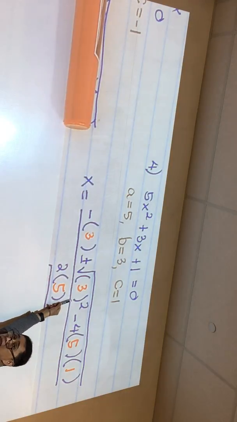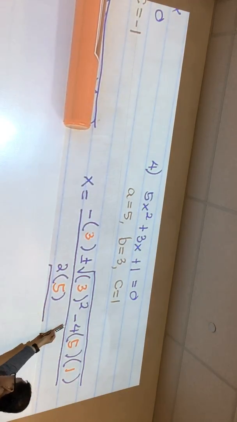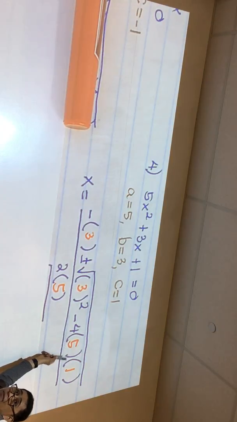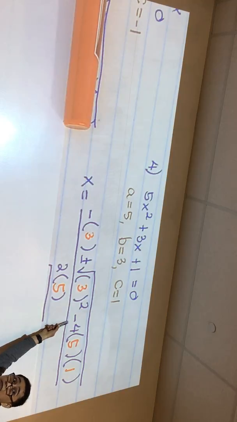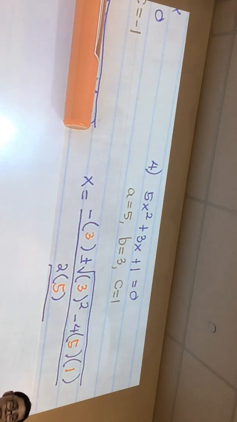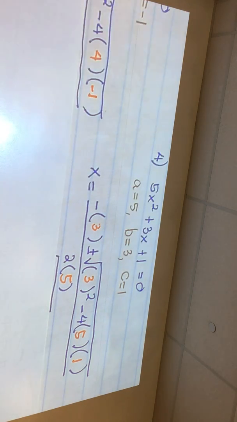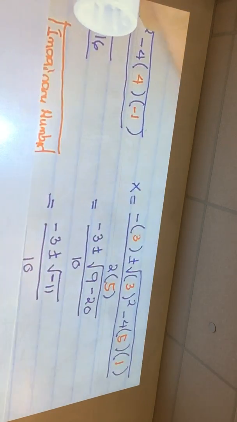What is 3 squared? 9. What is 4 times 5 times 1? And then there's a negative, therefore negative 20. Is that right? Okay. So, what we have there is 9 minus 20. What's the answer for that one? Negative 11. Can you please copy first?